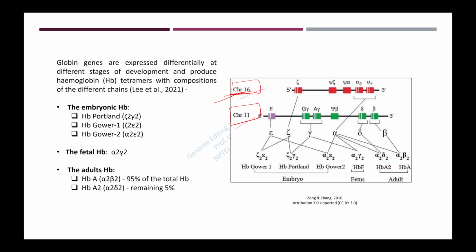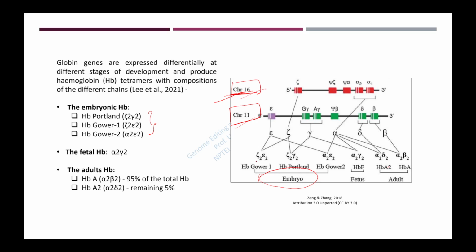During the embryonic phase, we have three different variants of the embryonic hemoglobin. When the embryo is there, these units of globin protein form together and make an active hemoglobin protein.